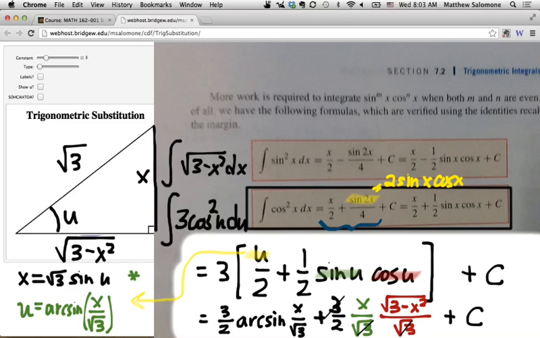And so cancel a 3 from top and bottom. And when the dust all settles, we end up with x times radical 3 minus x squared, all divided by 6. Sorry, 2. I'm getting all turned around here. There we go. And there's the antiderivative.